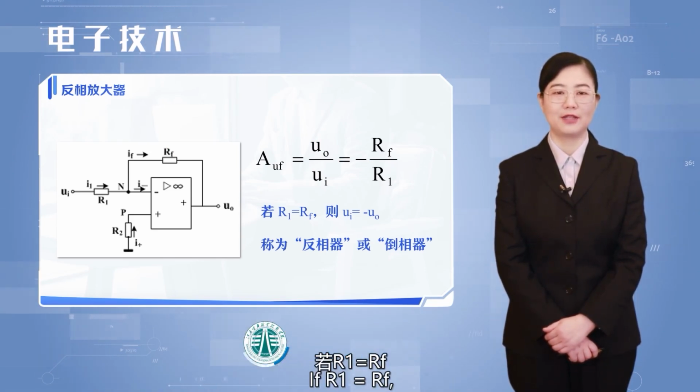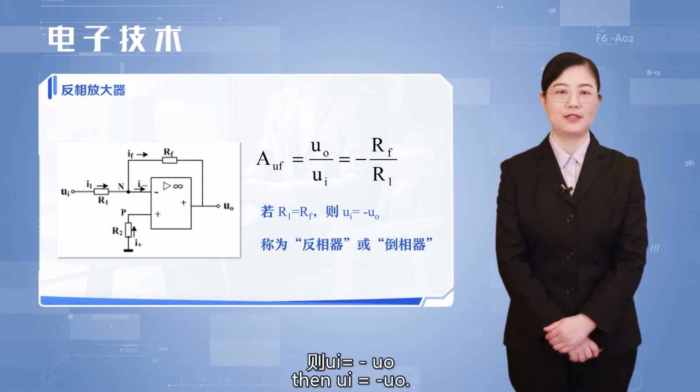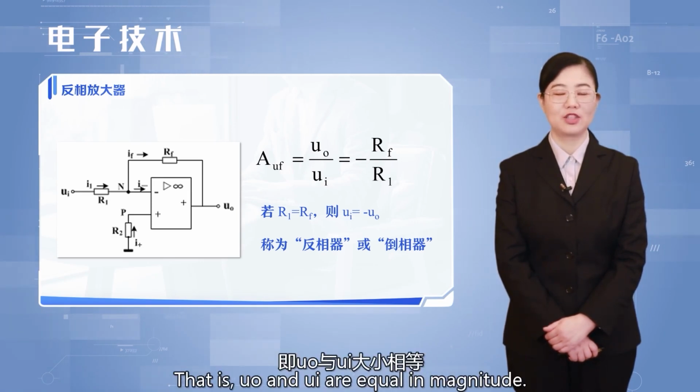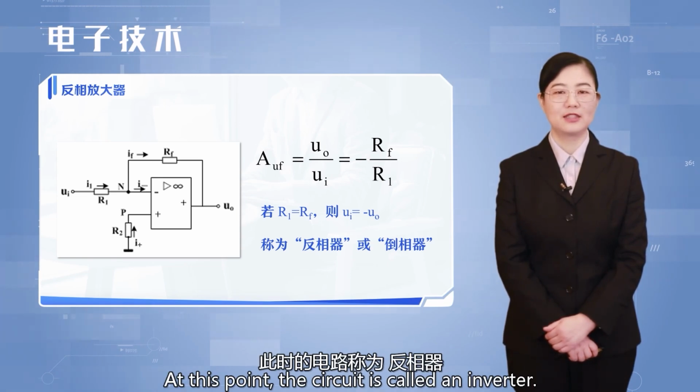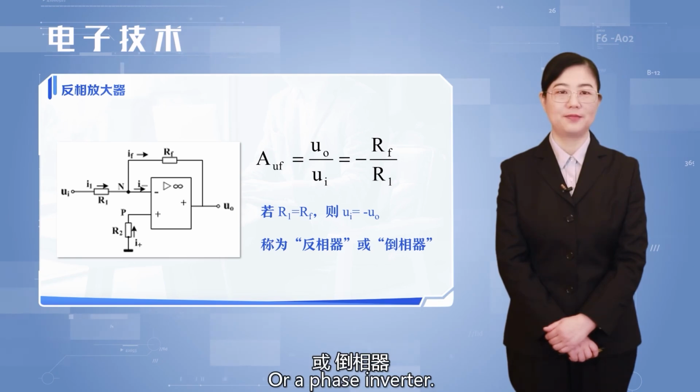If R1 equals RF, then UO equals minus UI. That is, UO and UI are equal in magnitude and opposite in phase. At this point, the circuit is called an inverter or a phase inverter.